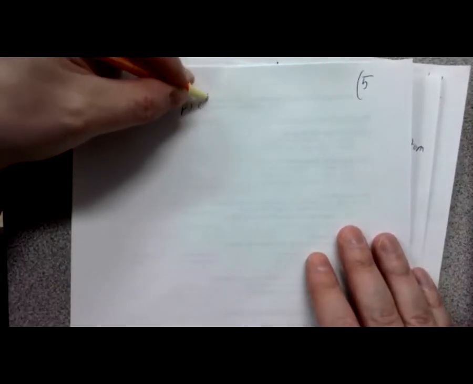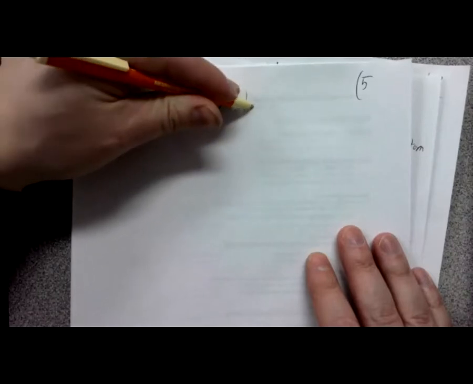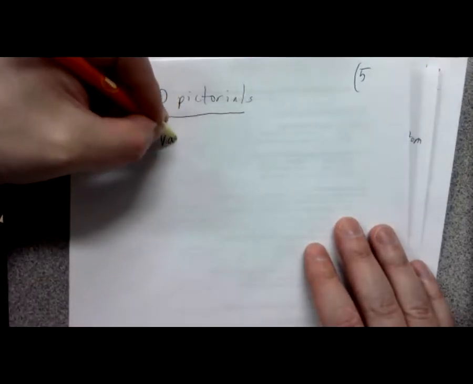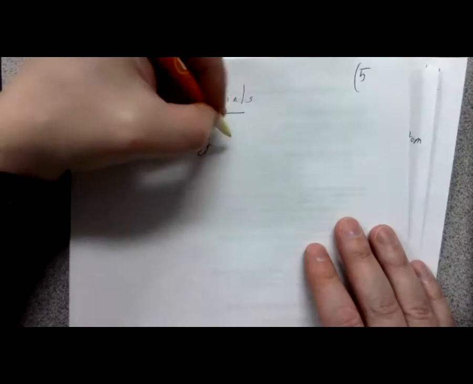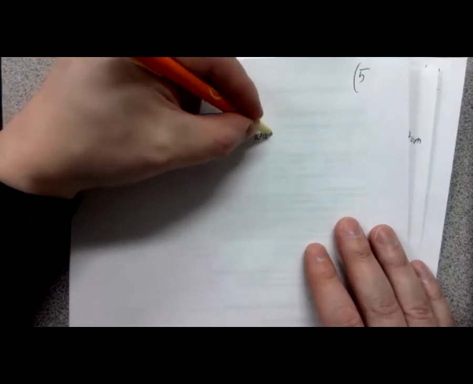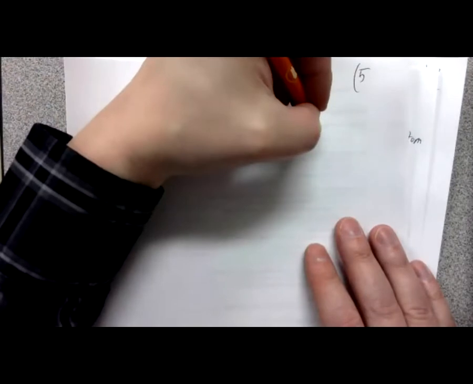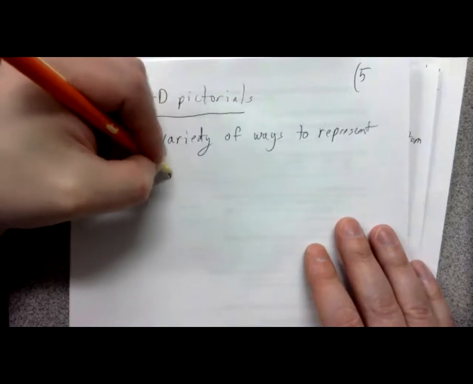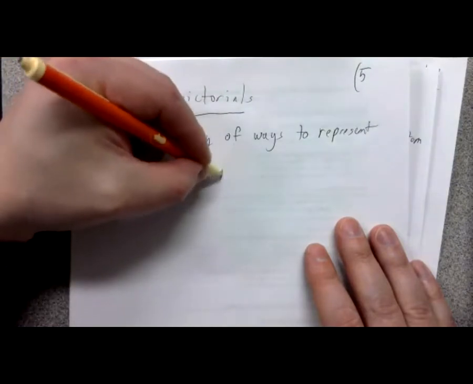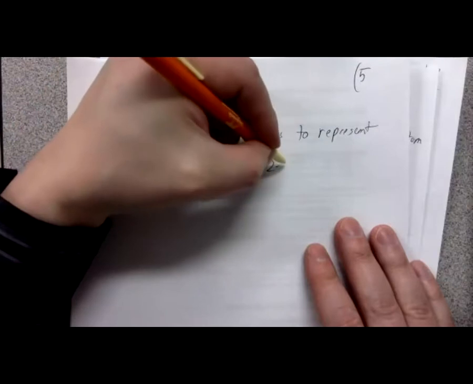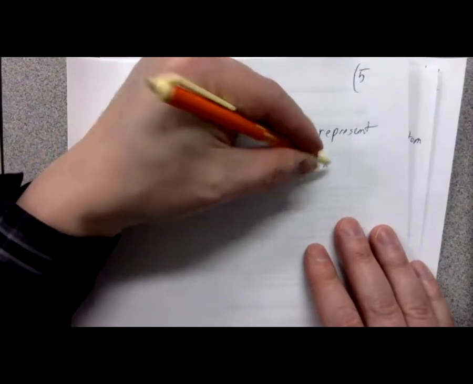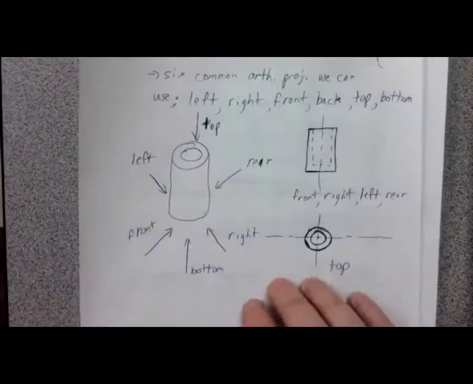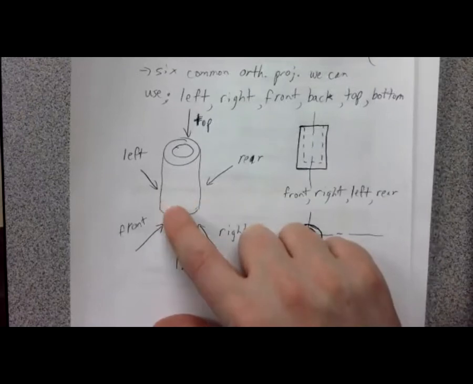So let's talk then about 3D pictorials. We'll say there's a variety of ways to represent 3D images on two-dimensional media, right? I've drawn earlier just kind of roughly a three-dimensional image, but this is not three-dimensional.